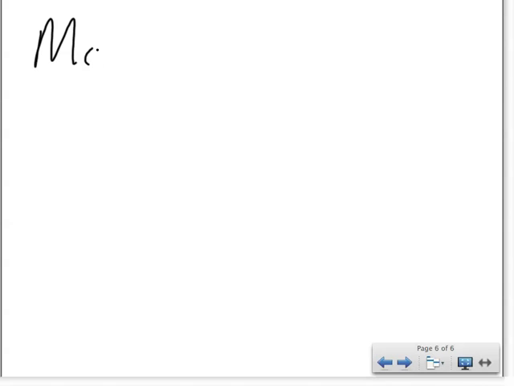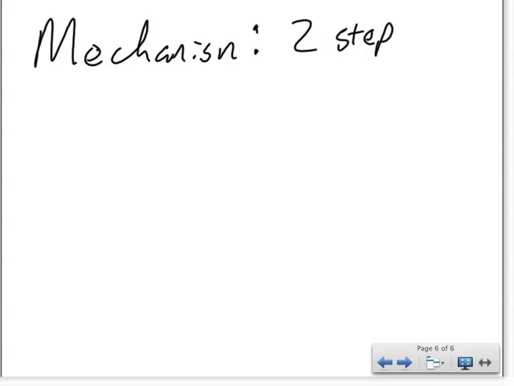The mechanism is still under investigation, but there are two standard mechanisms that are shown. I'm going to start with the two-step because I think it better illustrates the nucleophile electrophile nature of the process.